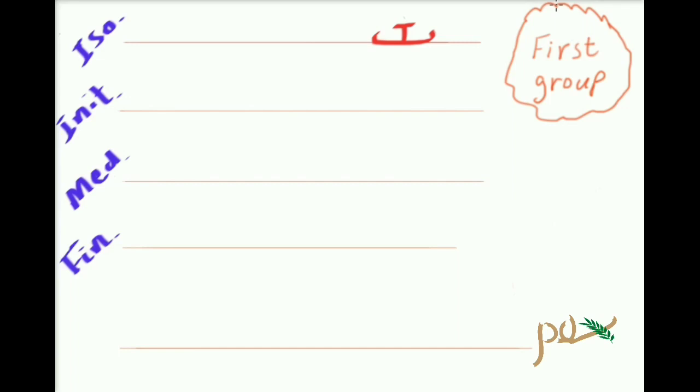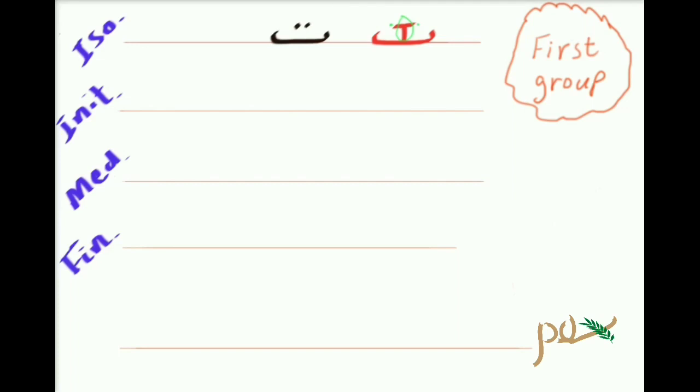Now, with a very small modification, we will get our letter. Here, we will remove these two lines. In this way, we will have only 2 dots. Note, please, this is the letter Ta in Arabic. Ta.